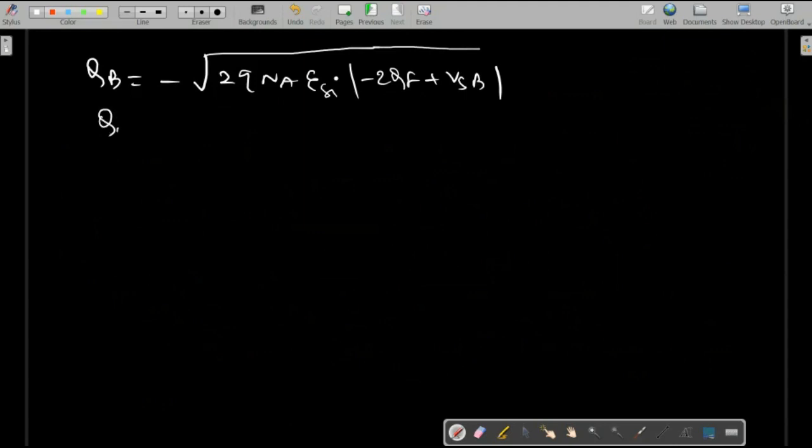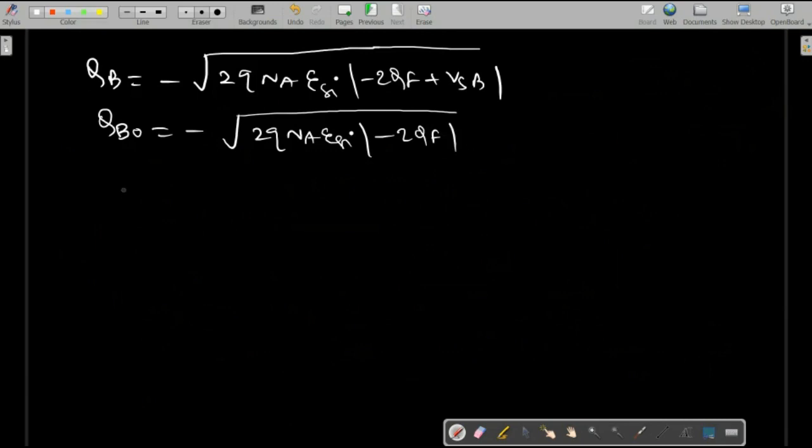And we have QB0, that is minus of root of 2QNA epsilon SI mod of minus 2 phi A. So I am going to calculate QB minus QB0 by COX, this term.